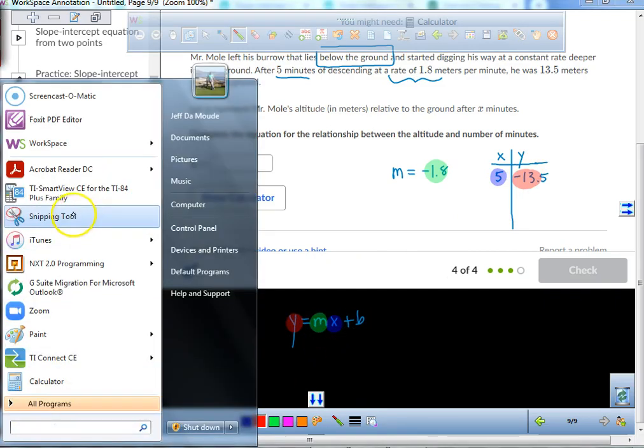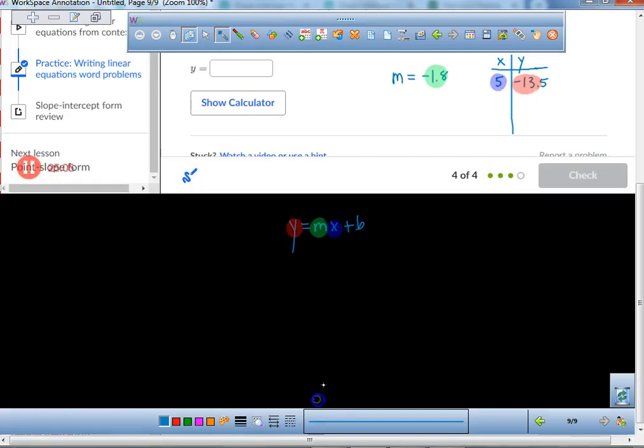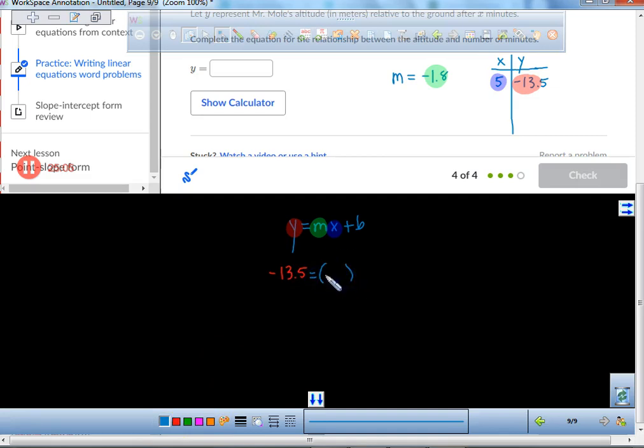All right, I'm going to turn on my graphing calculator. So my y value is negative 13.5. My m value is negative 1.8. And my x value is the number 5. And all I've got to do is find my y-intercept, my b value.